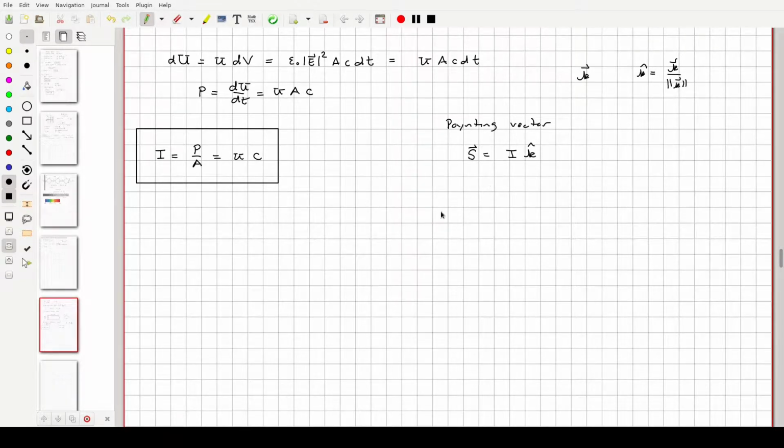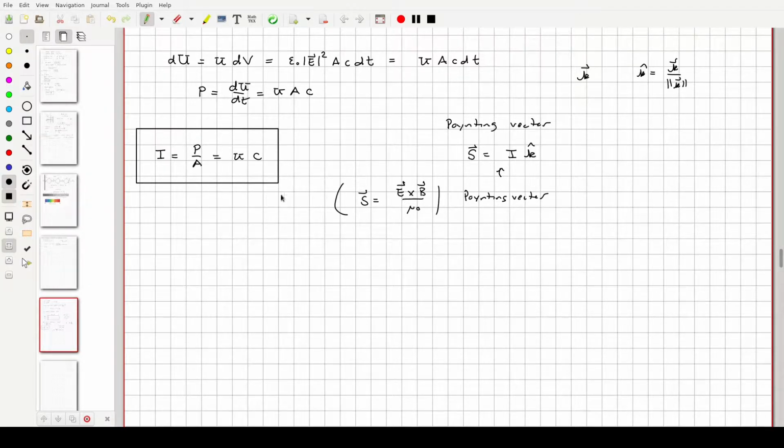So the relationship here in terms of electric fields and magnetic fields looks like this. This is the Poynting vector, written like this, generally used like this.